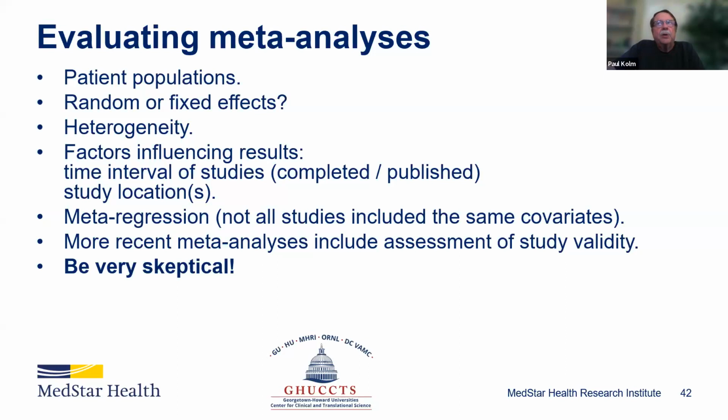Or do you have a mixture of different patient populations, as we saw in the COURAGE study, or in the meta-analysis that included the COURAGE study? And then, as we mentioned, you want to always treat studies as a random effect.